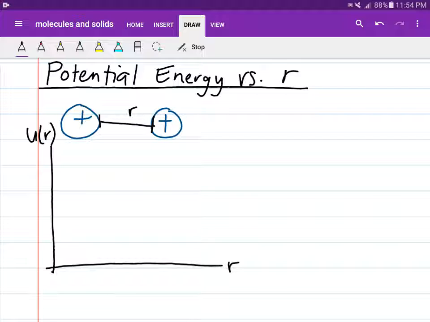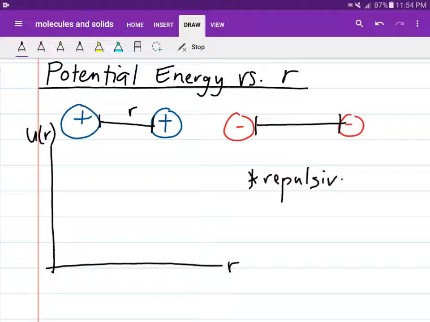So for two repulsive scenarios, for example, positive and positive, this can also be negative and negative. So this is repulsive. So in a repulsive potential, the graph of the potential energy as a function of R is like this.